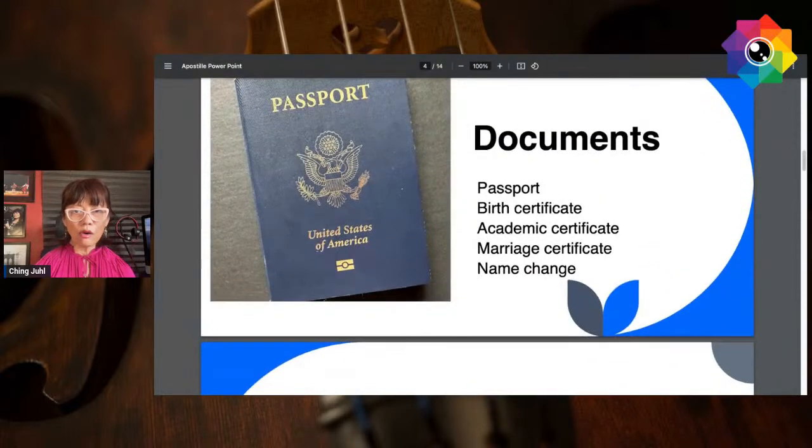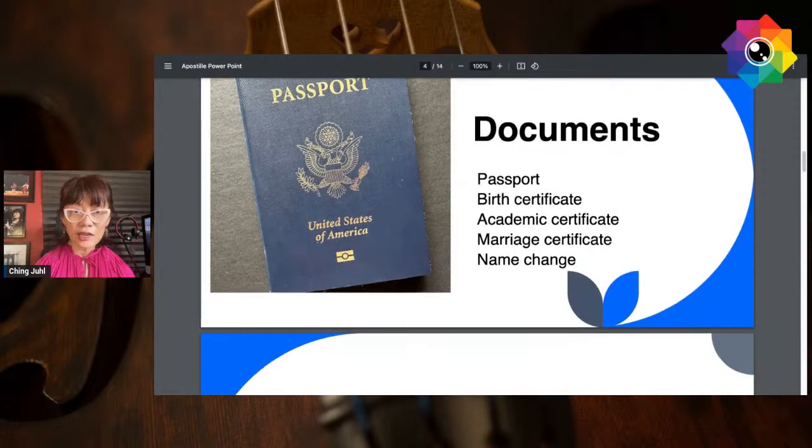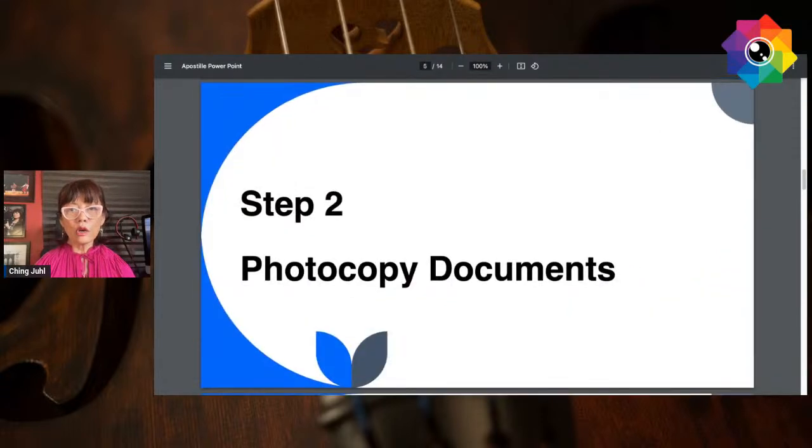Now, documents could be passport, birth certificate, academic certificate, marriage certificate, divorce certificate, name change, stuff like that. Now, step two, you are not going to give your original paper to anybody. So you're going to make a Xerox, a photocopy.